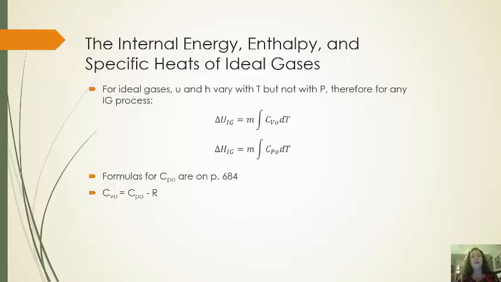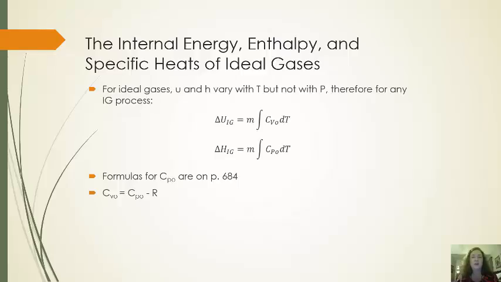Okay, U and H are going to vary with temperature, but for ideal gases, they don't change with pressure, actually, I can prove it eventually. Okay, it doesn't change with pressure, it only changes with temperature. And so therefore, delta U for an ideal gas is exactly equal to the integral of Cv dT.